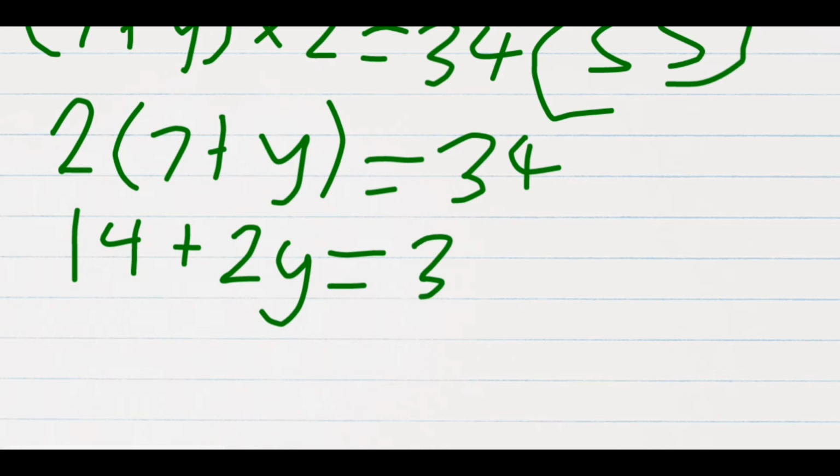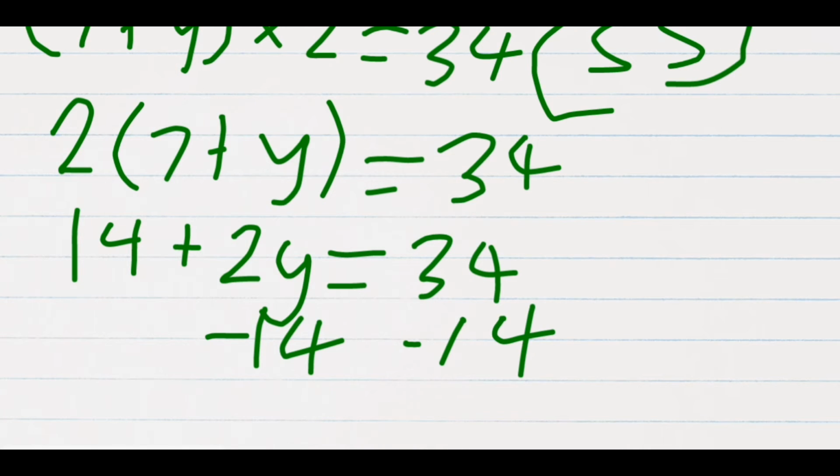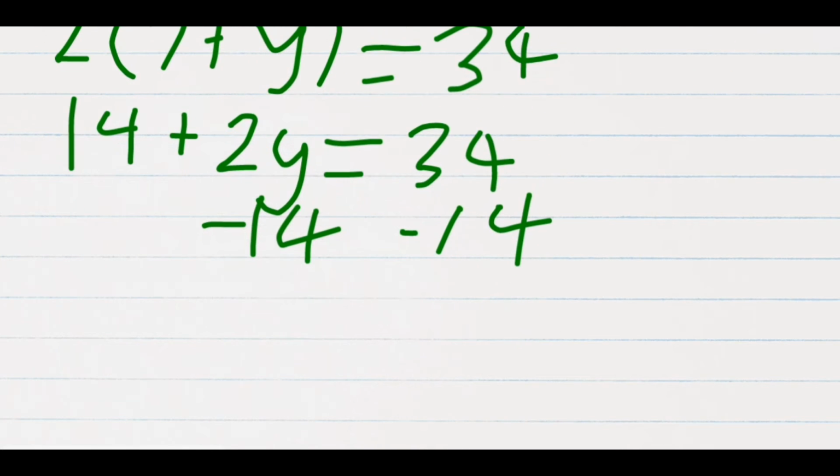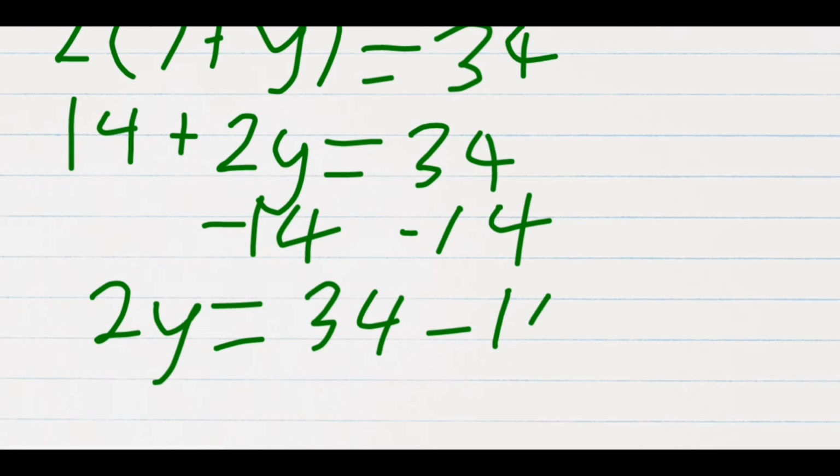Now we're going to subtract 14 from both sides. So we'll have 2y is equal to 34 minus 14. 2y is equal to 20.